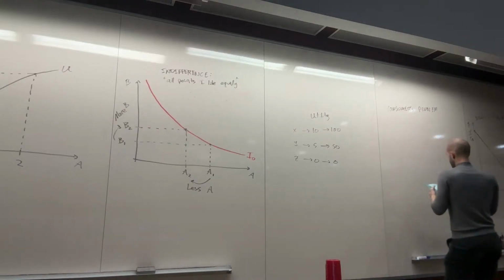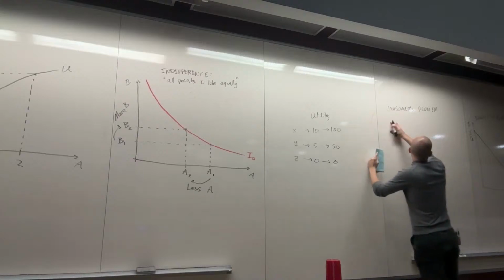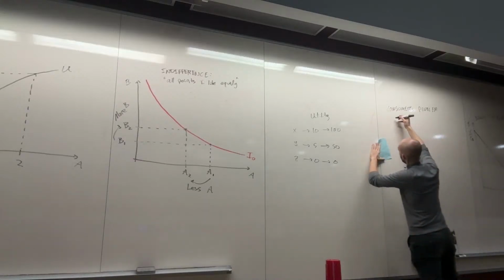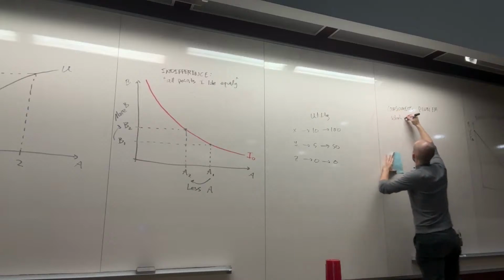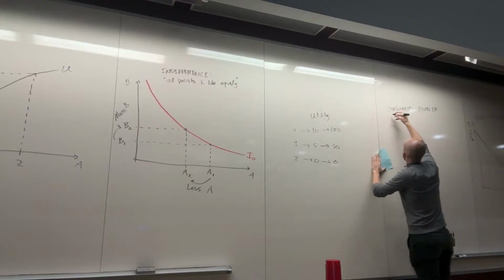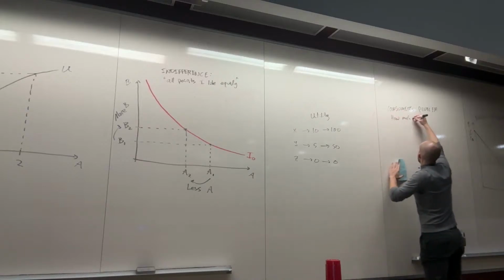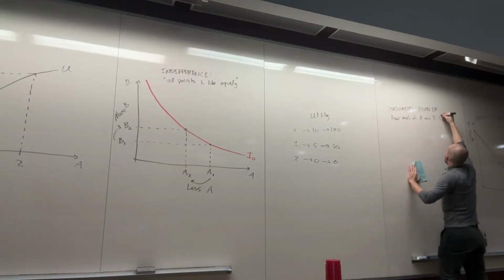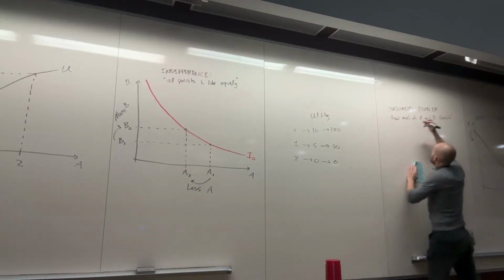So, the consumer's problem is essentially asking the question where on the budget constraint should we live? Which, let me say this quickly, how much of A and B should we choose?